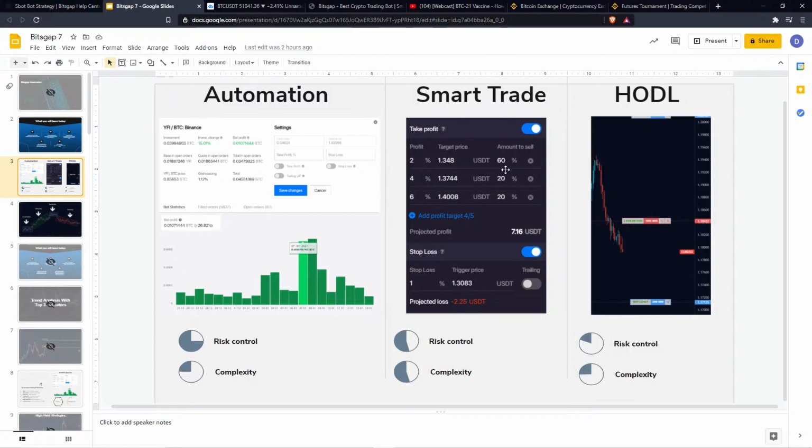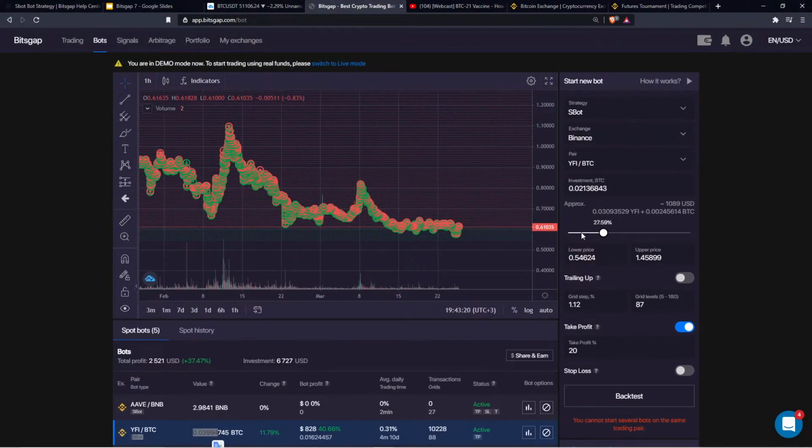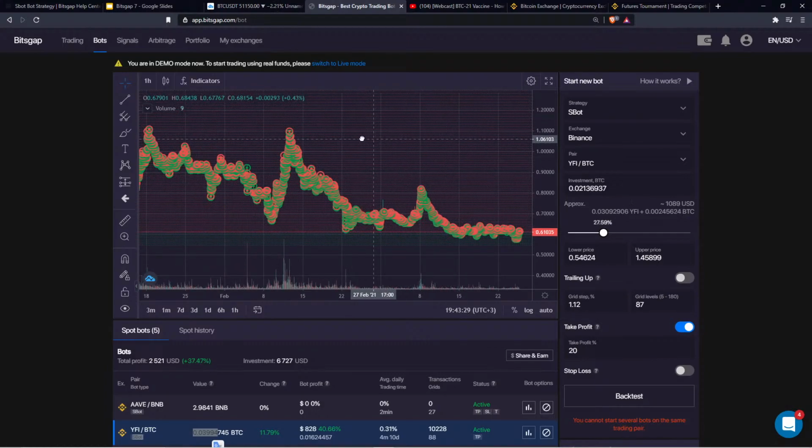Okay, so that's what makes automation different from the smart trade and the HODL. In automation, once again, you have the best risk control, and since at Bitsgap we have the ultimate configuration, that's why it also turns out that automation at Bitsgap is the easiest one to start with.